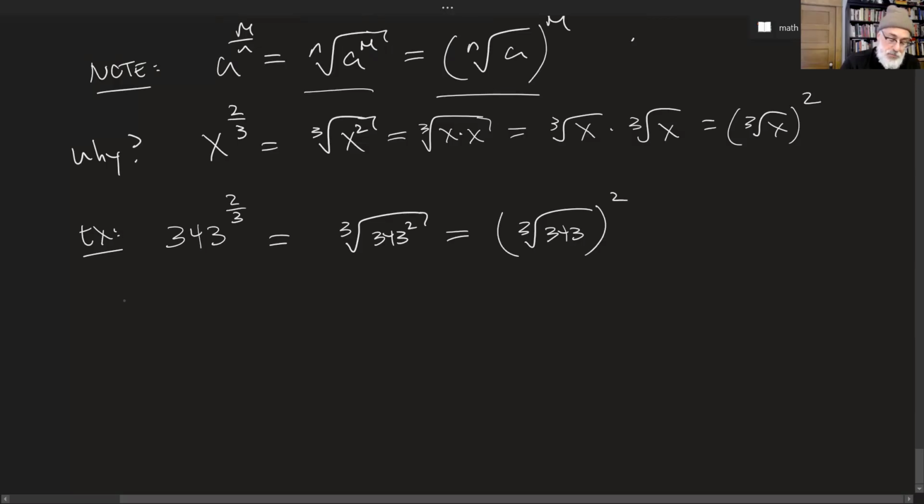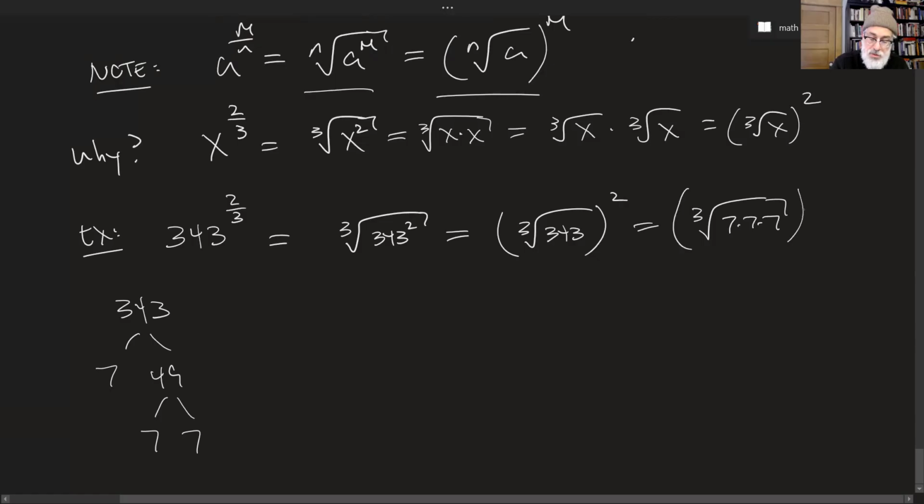Is that better? Well, let's break down 343. So it happens that it's 7 times 49, and 49 is 7 times 7. So I can write this as the cube root of 7 times 7 times 7 squared. Now, the cube root means I need 3 numbers to multiply.